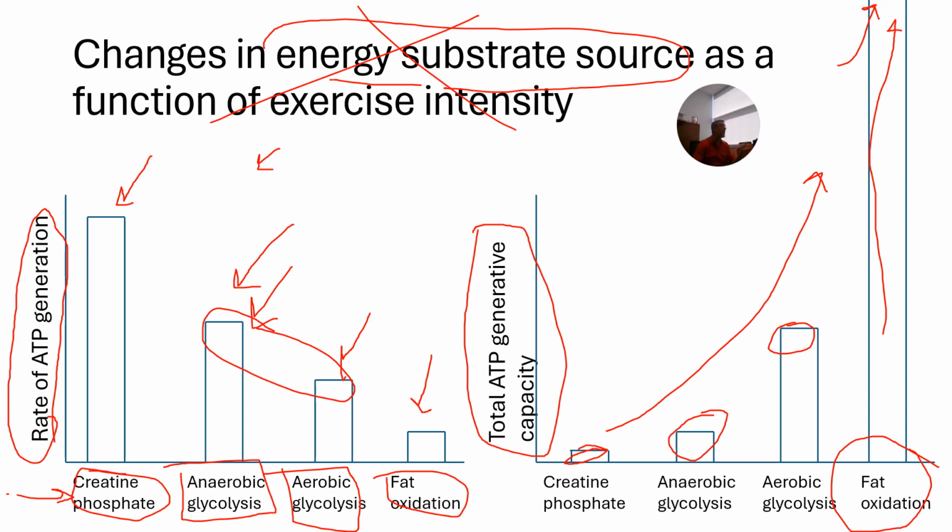In fact, it goes way above the ceiling. We can form a ton of ATP from the amount of fat that we have stored. Just remember, we can get a lot of ATP, but it's a much slower process, right? If we compare these two graphs, we see that the rate of generation is inversely correlated here with how much ATP can be generated.